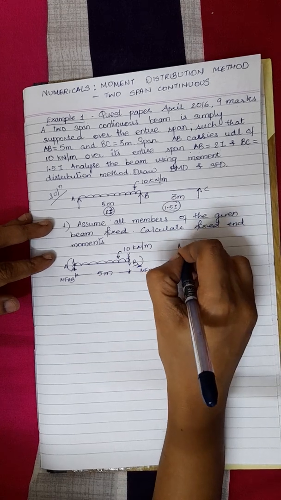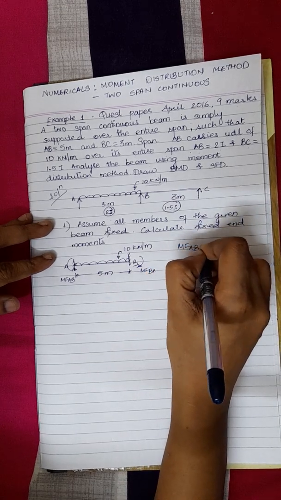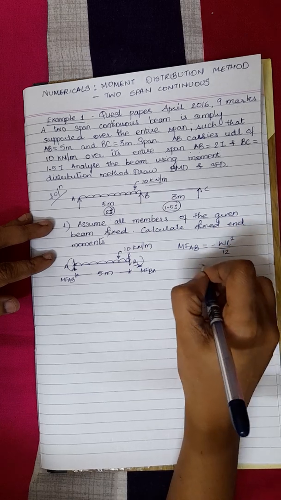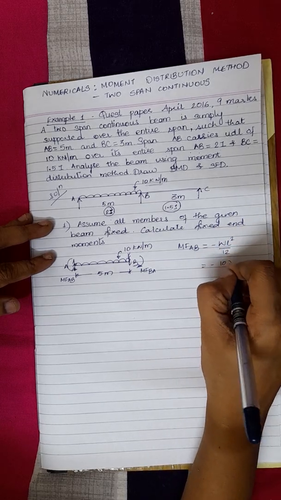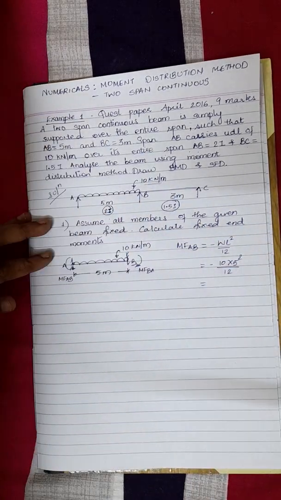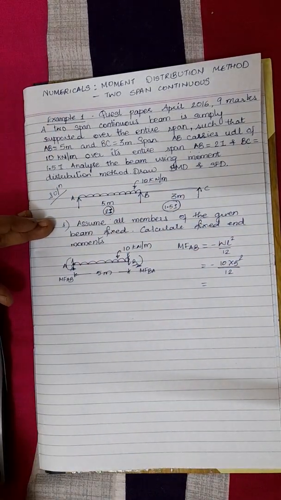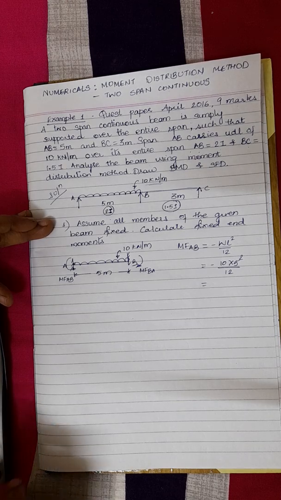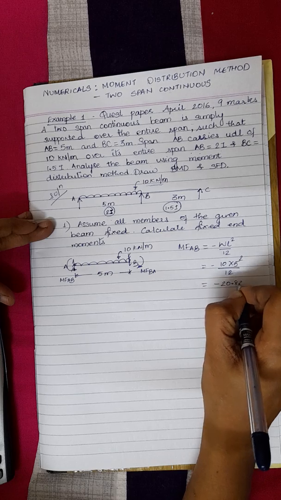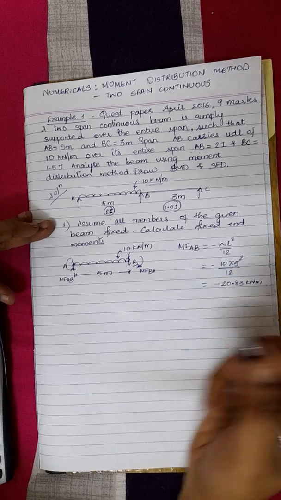MF AB is minus WL square by 12, which is 10 into 5 square divided by 12. It is minus 20.83 kilonewton meter.